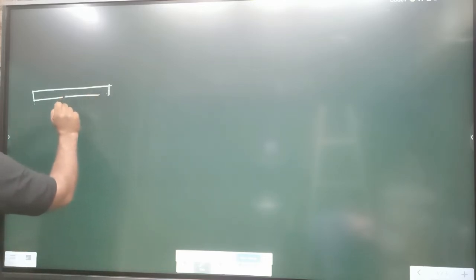What is the electric field for continuous, symmetric, asymmetric? Symmetric charge distribution, electric field. K lambda.